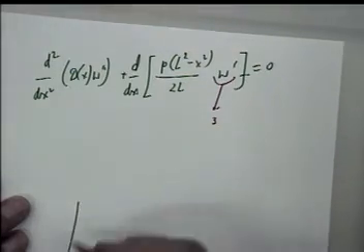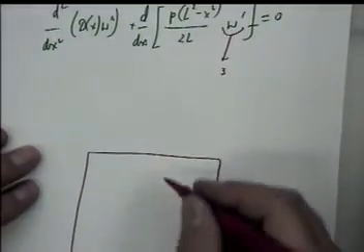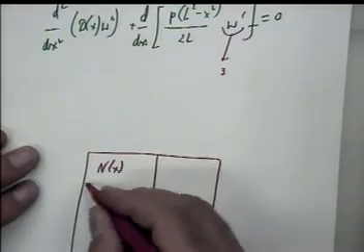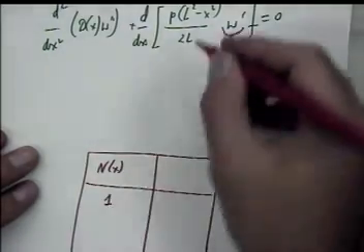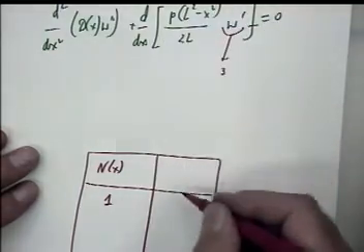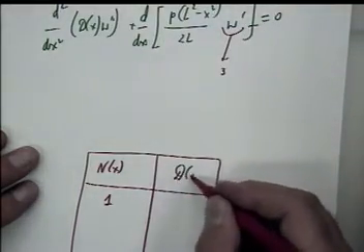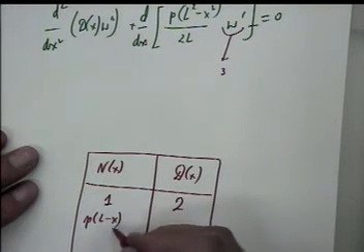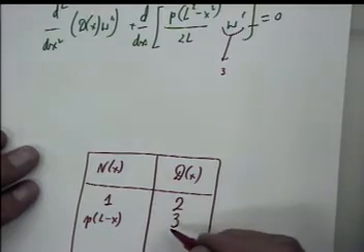Again, what we had is as follows. Look, please. When N(x) is 1, so to say, yes, this function is 1, then D(x) order was 2. When this is p(L minus x), the order is 3.